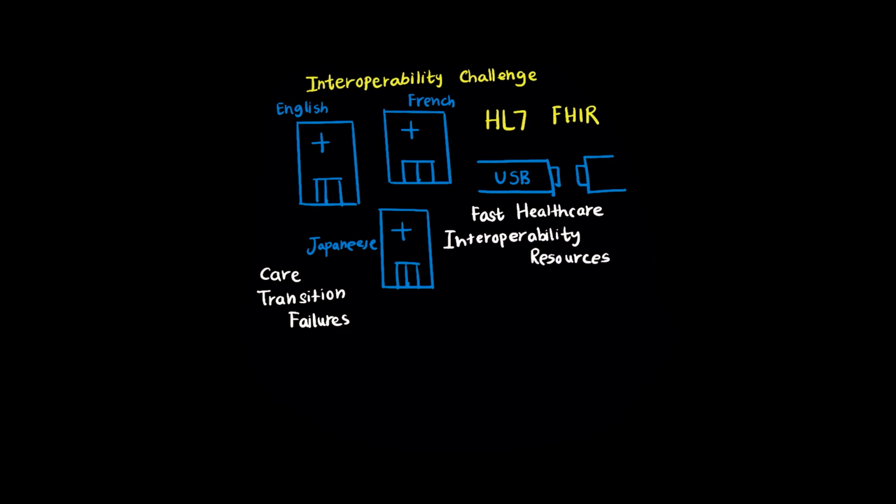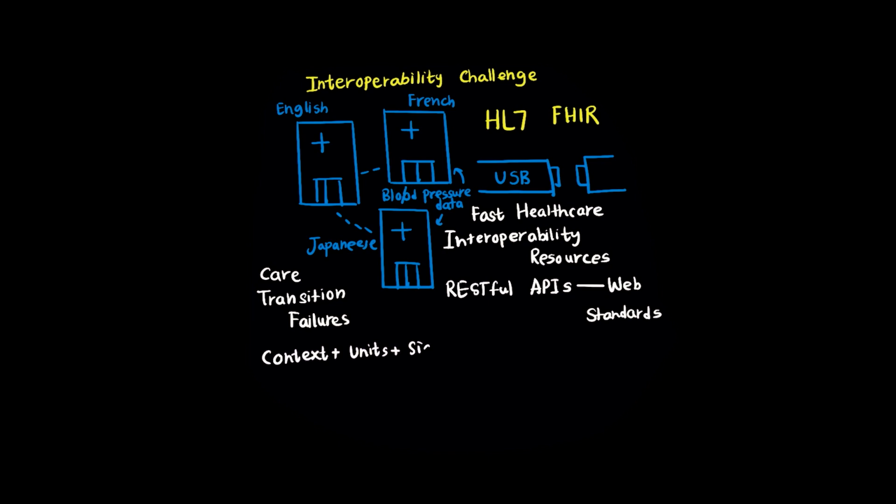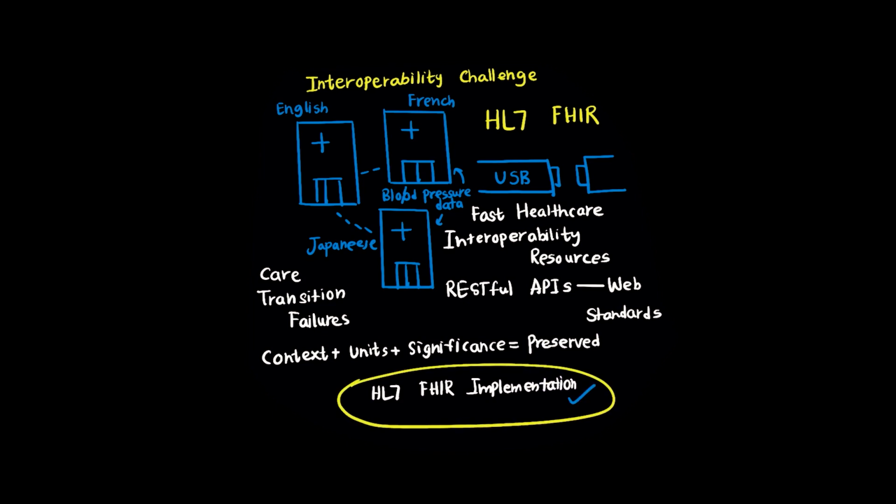Think of it like the USB standard that lets any device connect to any computer. FHIR uses modern web standards, RESTful APIs, and standardized resources that any system can understand. It doesn't just move data, it preserves meaning. A blood pressure reading sent via FHIR arrives with its context, units, and clinical significance intact. This semantic interoperability enables true care coordination across any platform.